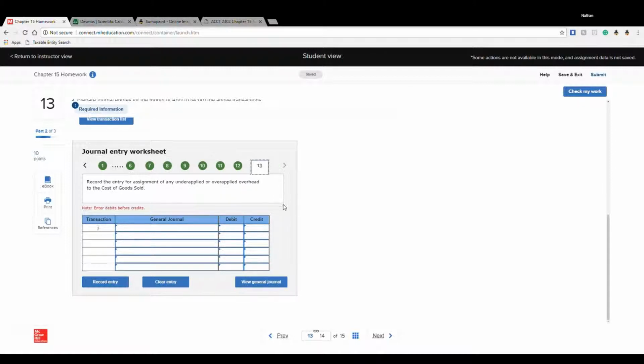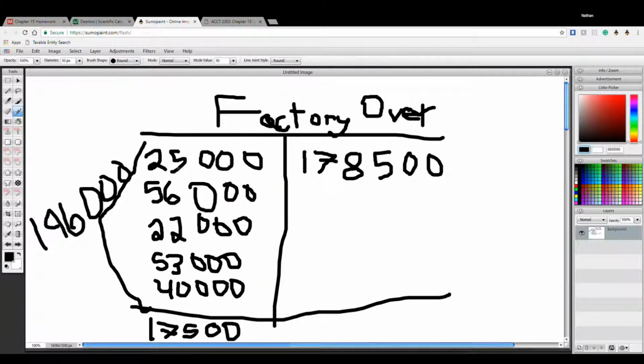Alright, so now we run into doing the journal entry for overhead. So with our overhead, now we can actually do this. Let me go ahead and clear this out. This was from an older problem. So file, new image.